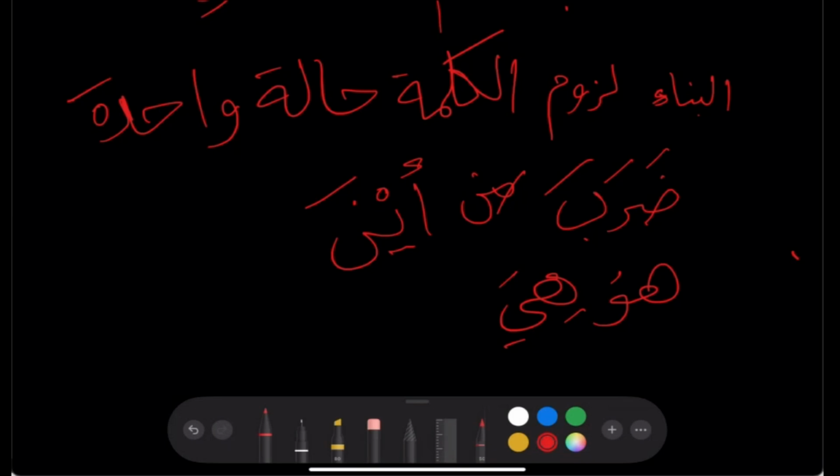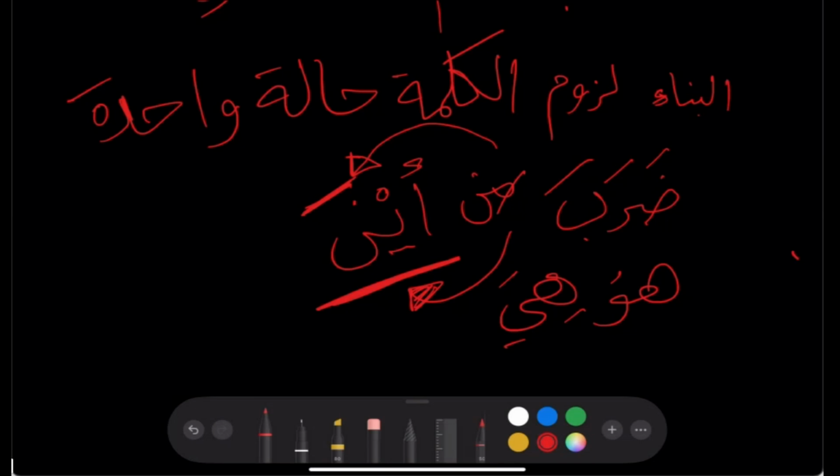What does change though, and I didn't want to say too much at one time, is the slot, the word's place. It's in the slot of jarr. This word min can't change the fatha on aina because aina is built this way, but it can affect the slot of the word.